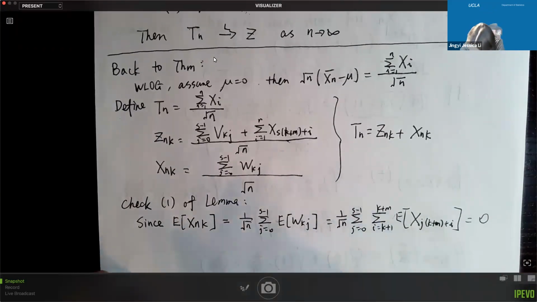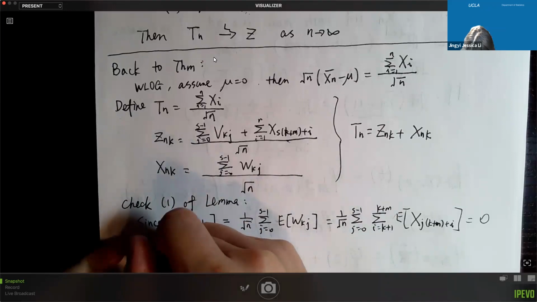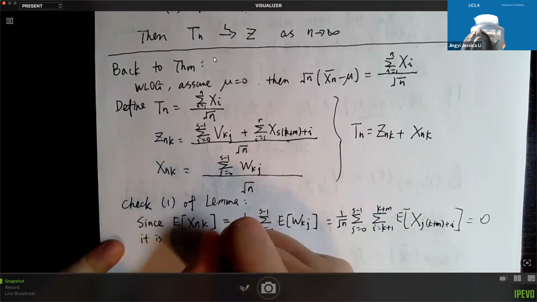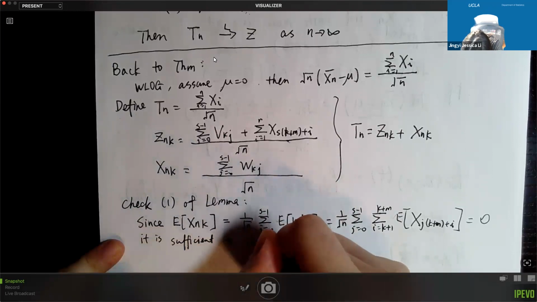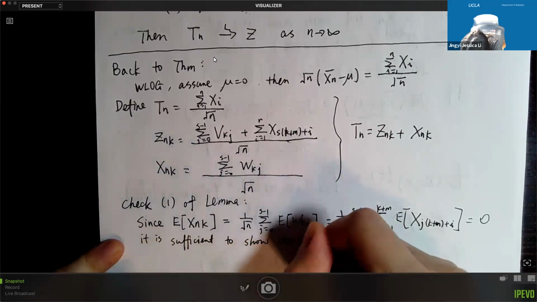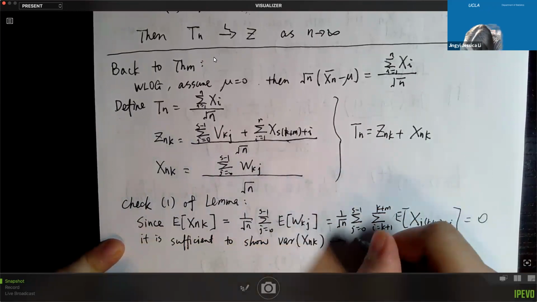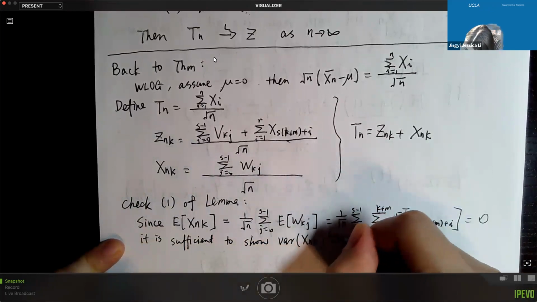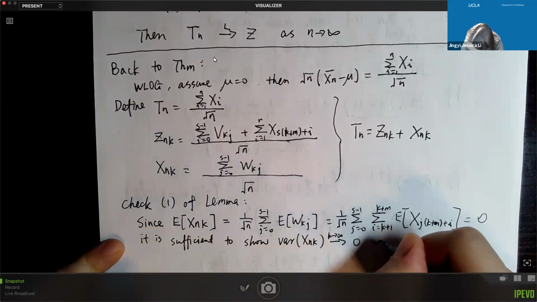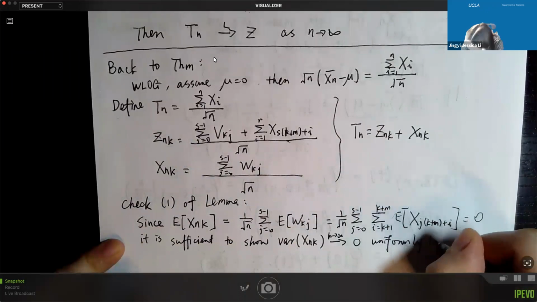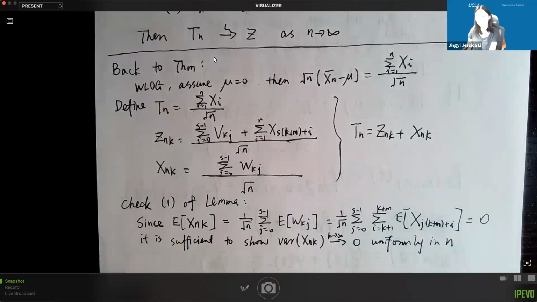So it is sufficient to show that the variance of X_{n,k} goes down to 0 as k goes to infinity, uniformly in n. That's enough. If we can show this, then we already have convergence in probability.